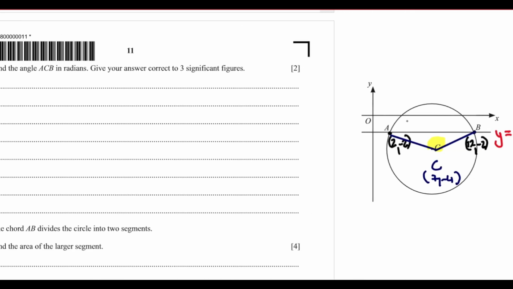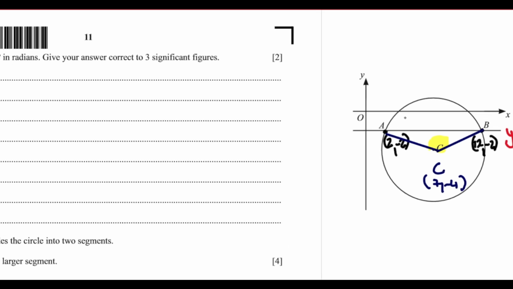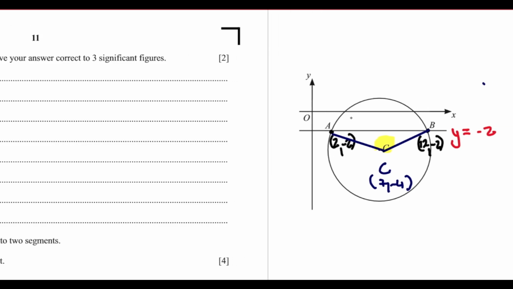Now, how can we do that? Your mind might go to arc length or the area of a sector, but we're not given any arc length or the area of a sector. So we need to think back to IGCSE.